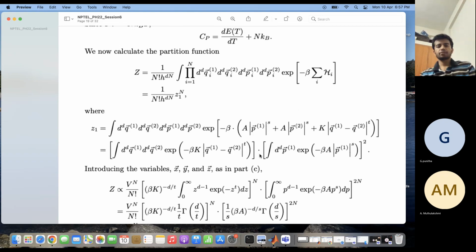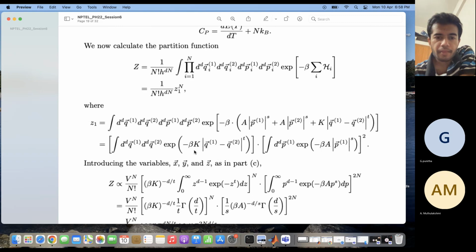This integral can be easily evaluated. If you look at the momentum coordinates, the integral for a single particle turns out to be a product of two integrals of this particular form, and the integral for the position coordinates becomes equal to this.